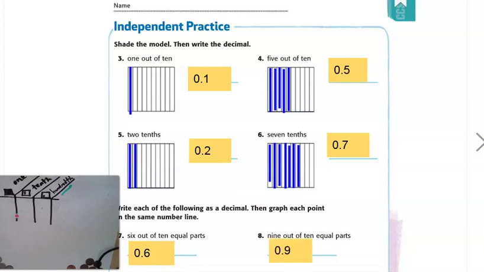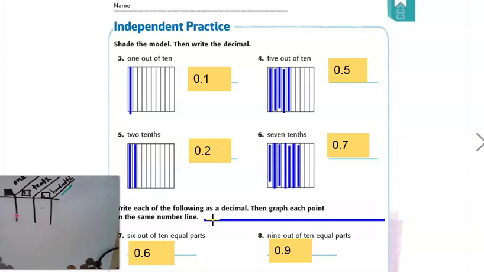And in order to graph it on my number line, it doesn't give me a number line, so I have to write one. So I'm going to draw my line. And then I'm going to change this and see if I can make little dots on it to make my place values.